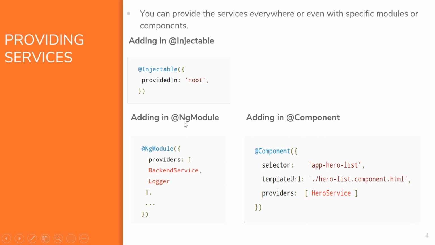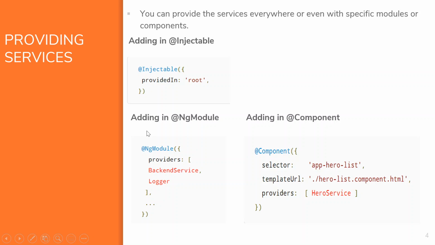If you want the service only inside a module, you have to add a property called providers inside the module metadata function, probably inside app.module.ts or any other module like that. If you have two services, you can add the service names inside an array, and you have to import them first, and then add them in that corresponding module.